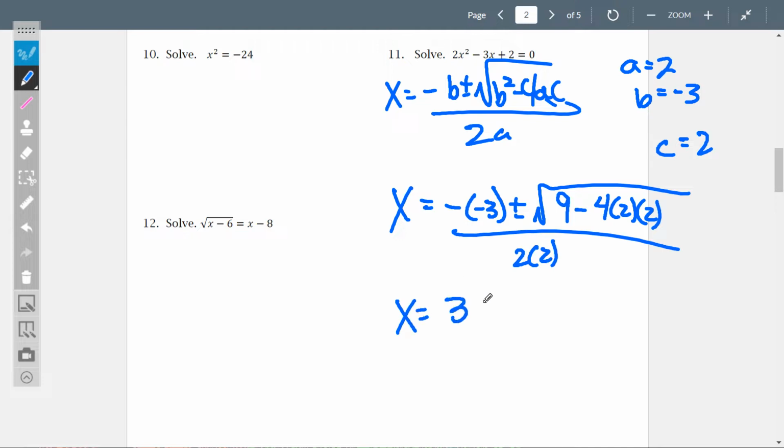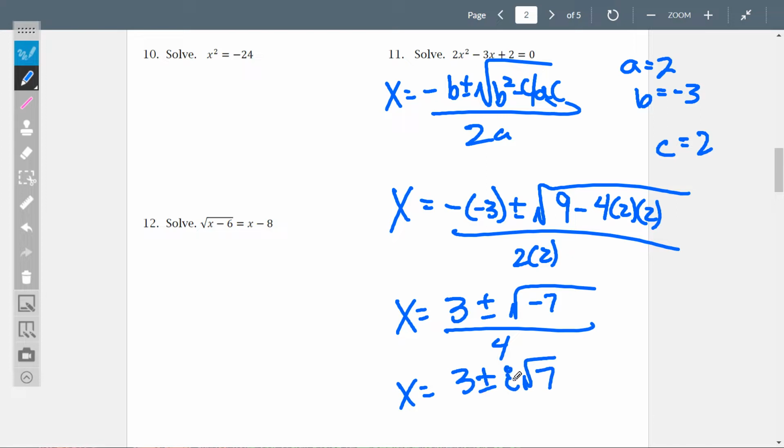So we got 3 plus or minus the square root of 9 minus 16, which is negative 7, all over 4. So we got 3 plus or minus i root 7, i because it's negative, over 4. And this would be fine, I think.